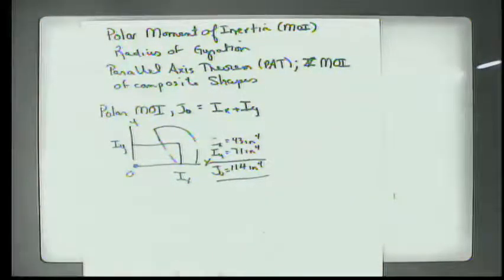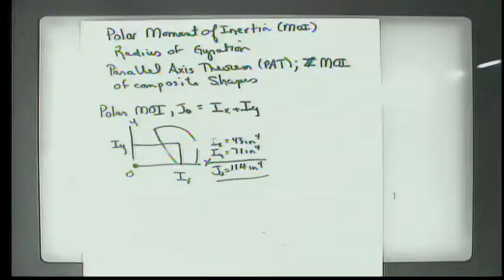So it has the same units and the same dimensions, and it's just the arithmetic sum of I sub x and I sub y. Well, in section 9.1 part D, we talk about an idea of something called the radius of gyration. And basically, the concept of radius of gyration is that an area A has some moment of inertia I sub x with respect to the x-axis.